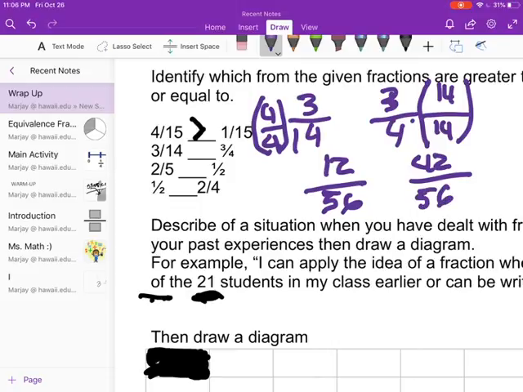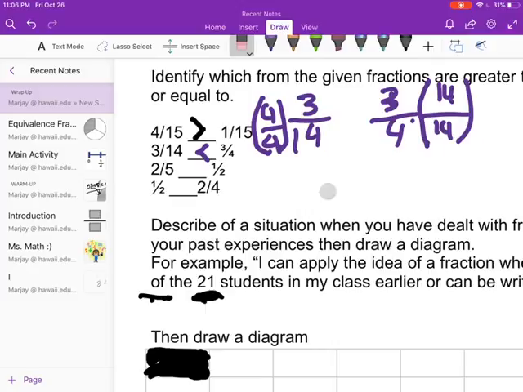So which one is greater? Yes, it's 3/4. So 3/4 is greater than 3/14, or you can say 3/14 is less than 3/4. Okay.